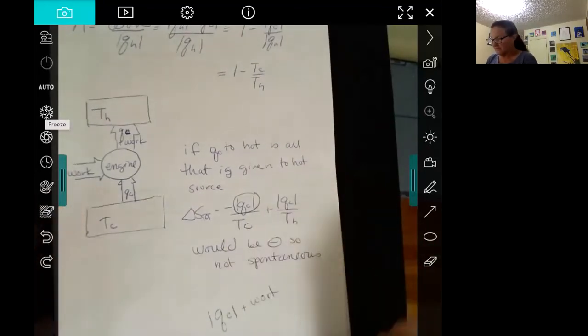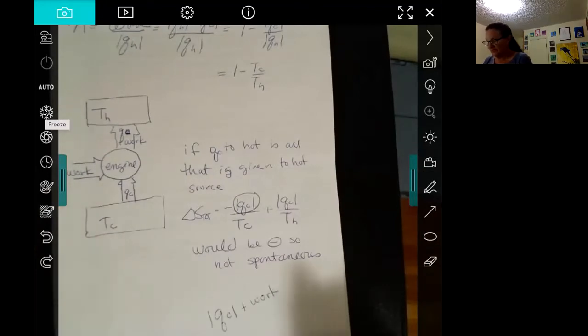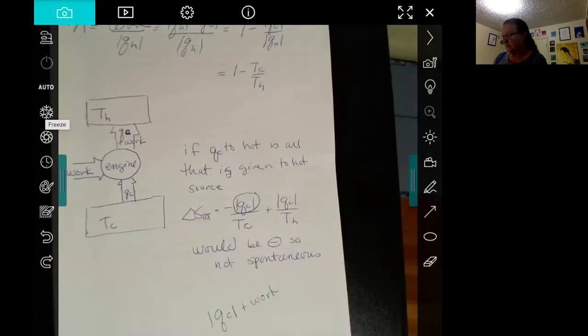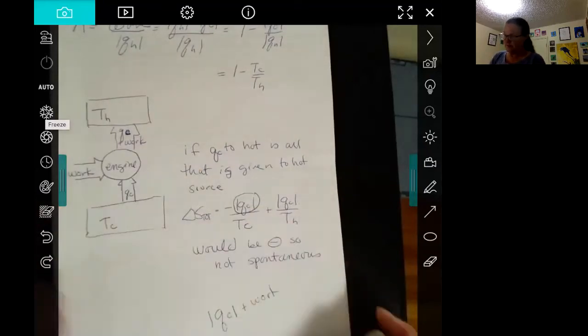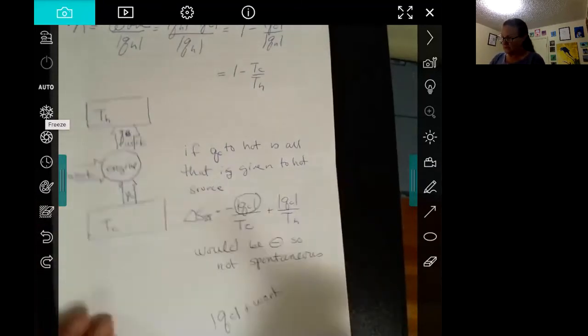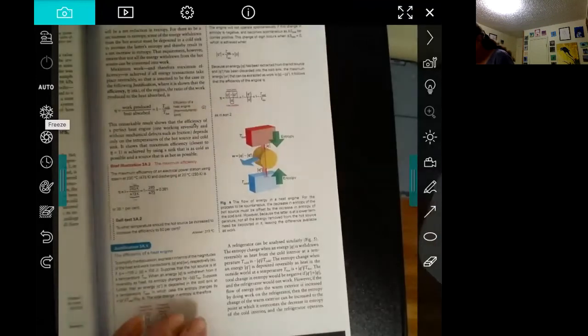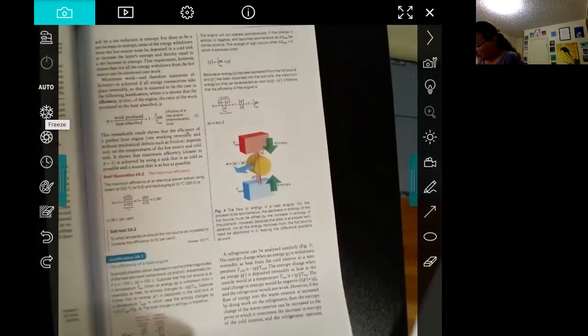So that's how you will make your entropy positive for a process that wouldn't be spontaneous unless you put the work in. So there's an equation right here for the efficiency of a refrigerator.